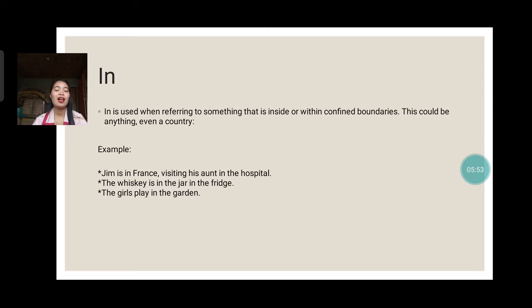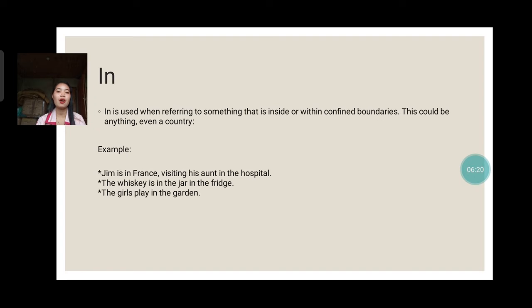In a preposition of place, it is used when referring to something that is inside or within confined boundaries. This could be anything, even a country. An example is: Jim is in France visiting his aunt in the hospital.